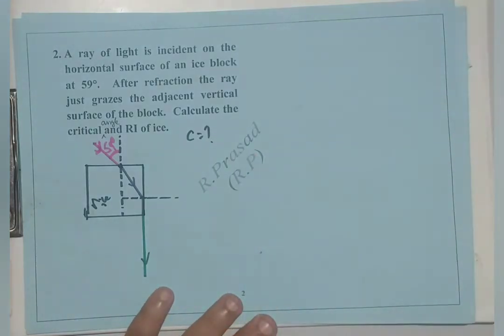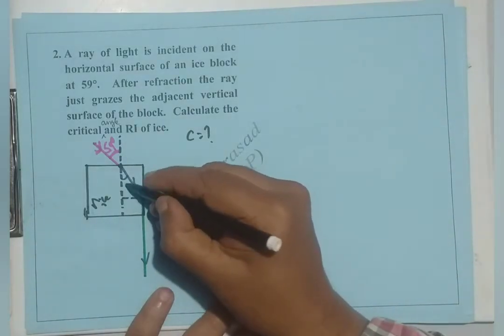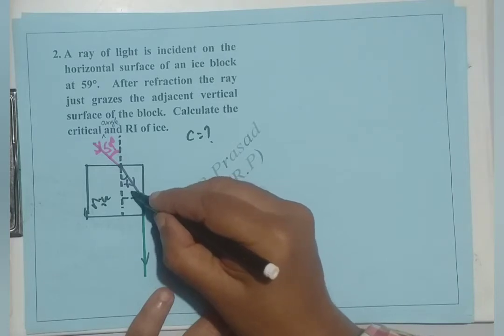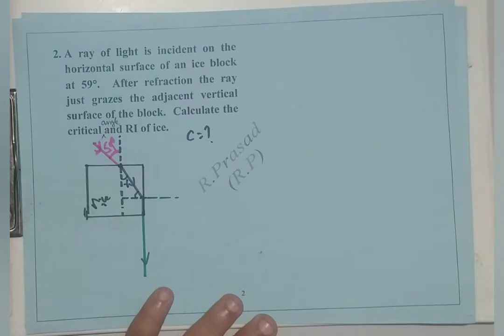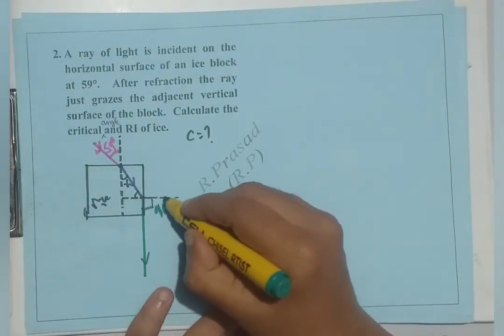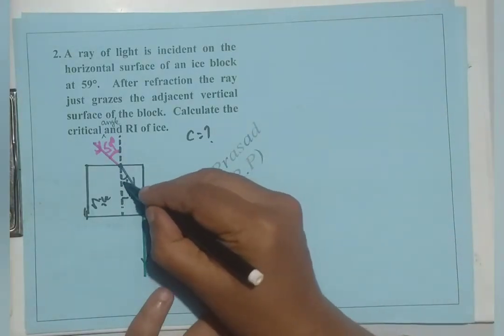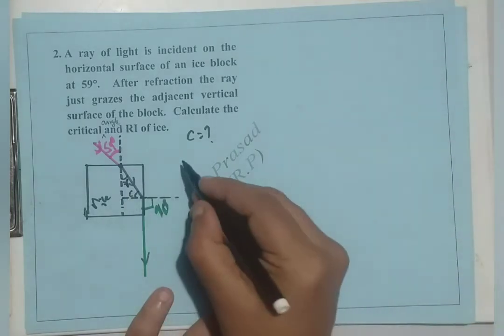I call this angle R and this angle is the critical angle because this angle is 90 degrees here. This angle is 90 degrees, so there it should be the critical angle.